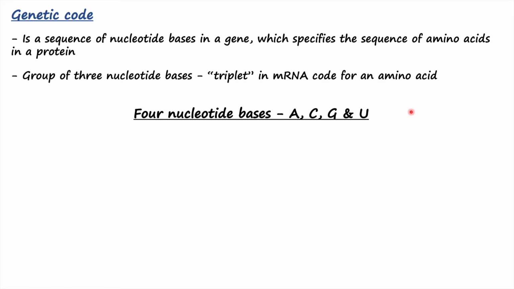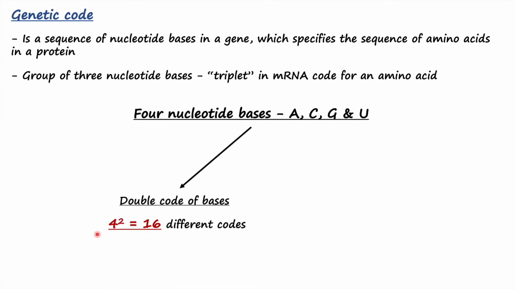Suppose we were to make a pair of nucleotides, which would be called double code bases. Here we have 4 nucleotides and we want to make pairs of nucleotides. That would be 4 to the power of 2, and it would give us 16 possible different codes.